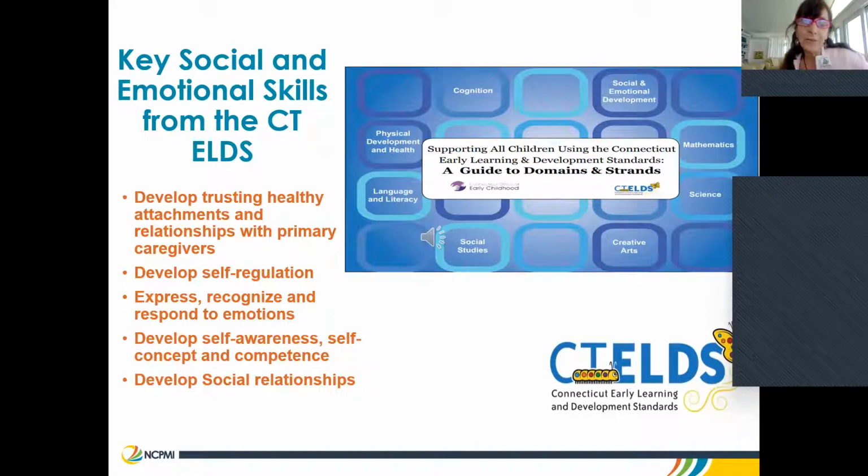But if you skip to the bottom, we're talking about all the social relationships for children, and those peer relationships, those friendships are so important. So that's one of the key skills from the ELDS, along with developing self-regulation, expressing, recognizing, and responding to emotions, and developing self-awareness, self-concept, and competence.